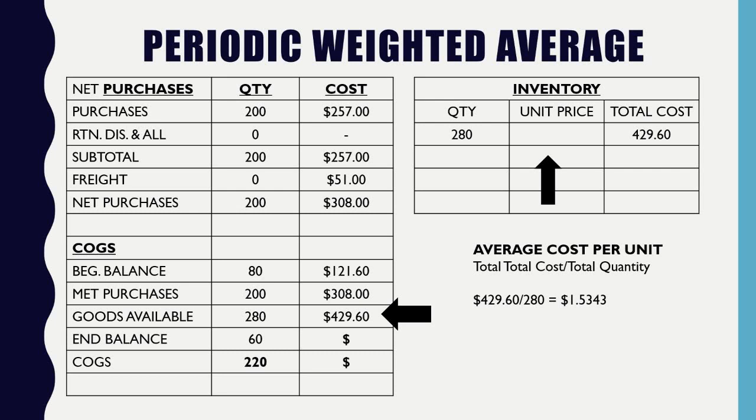And in this case, you're going to take your $429.60 and divide it by your total quantity of 280, and you're going to get $1.5343.